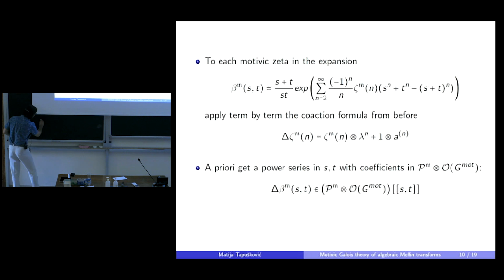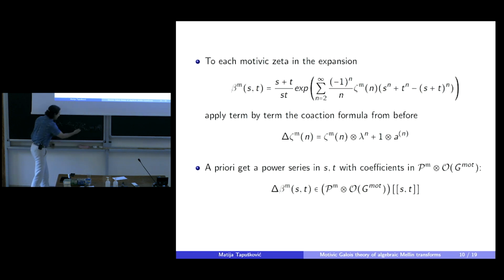I have a power series where I have motivic periods, something like motivic periods of k_1, k_2, s^{k_1}, t^{k_2}. These are just motivic periods, and if I apply term by term delta, I will get a sum of motivic periods of k_1, k_2 plus some other index i, for example, tensor a_i, and then s^{k_1}, t^{k_2}.